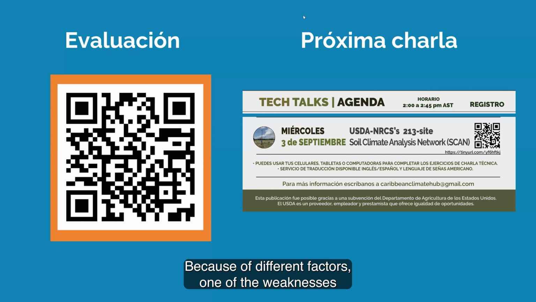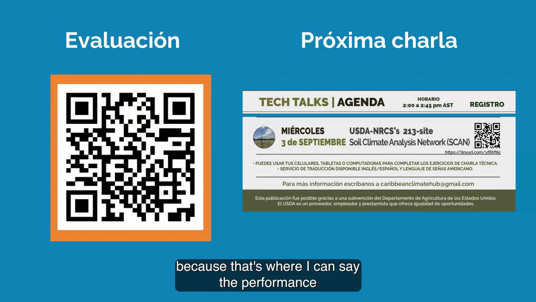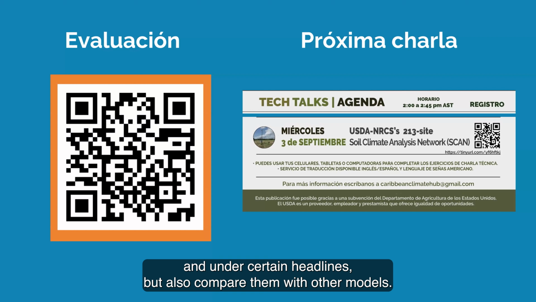because of different factors. One of the weaknesses that we have in Puerto Rico is that not all of the farmers collect productivity data. And the productivity data are very important because that's where I can say the performance of these models, not only pertaining to the crops and under certain handlings, but also compare them with other models.